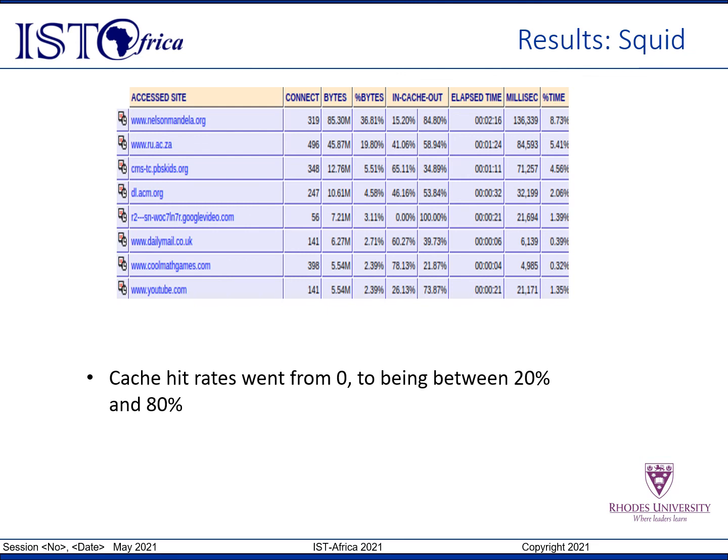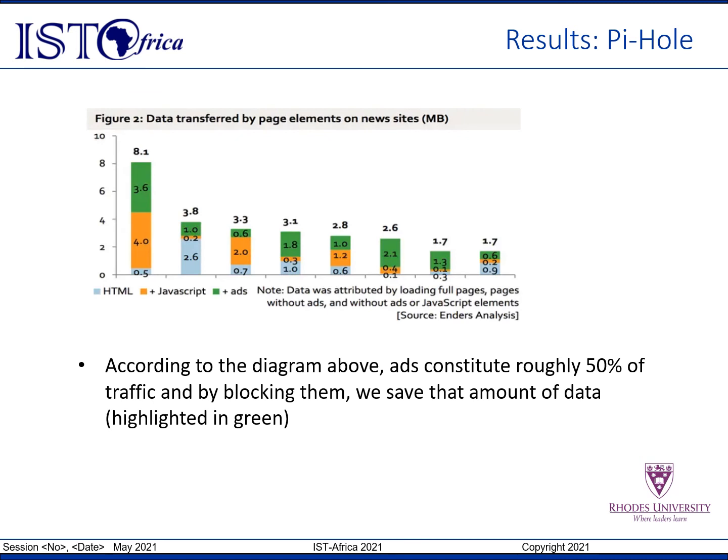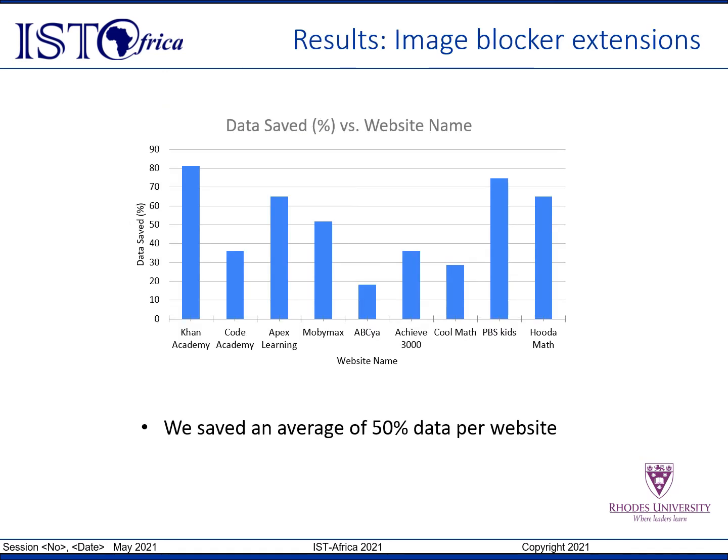And as for the results, the cache hit rates went from 0 to between 20% and 80%. According to the diagram above, ads constitute roughly 50% of traffic, and by blocking them, we save that amount of data highlighted in green. With the image blocker extension, we managed to save at least 50% of data on the website.